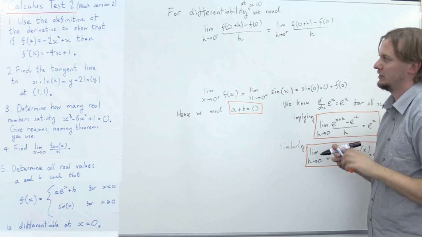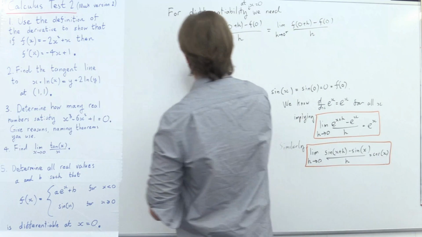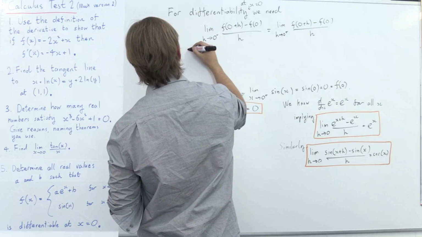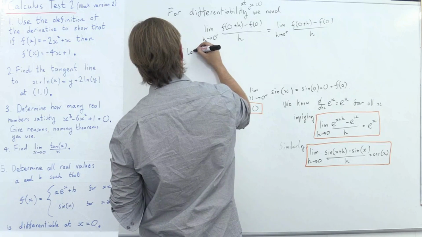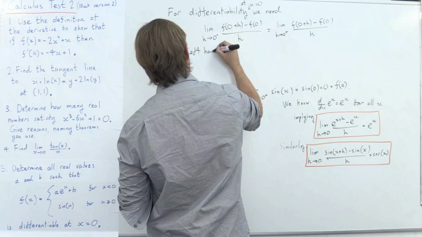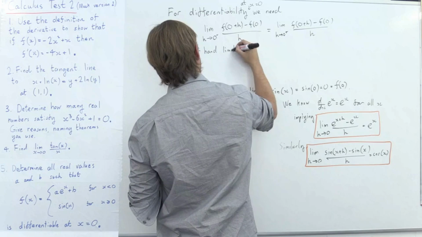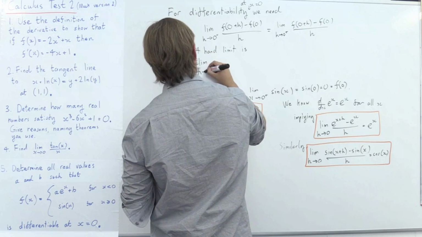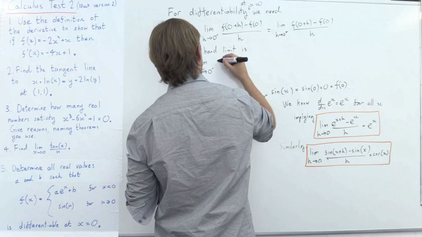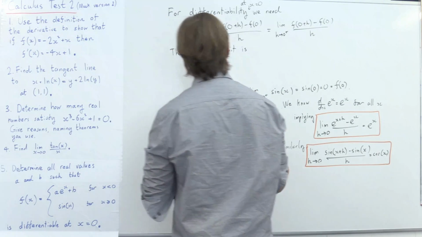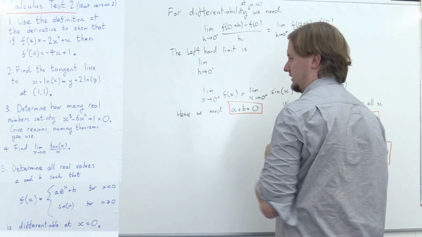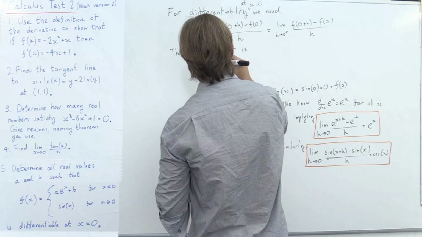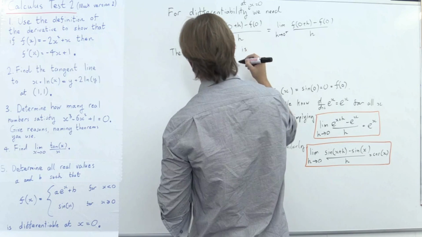I can look at the left-hand limit. The left-hand limit is the limit as h approaches 0 from below. So if I'm just looking at f of h, where h is a negative number, I apply that and get that this is just a e to the h.